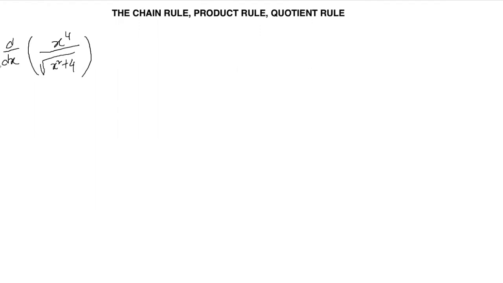Now let us apply the quotient rule for this. So f of x will be x to the power of 4, right? And g of x will be square root of x square plus 4.